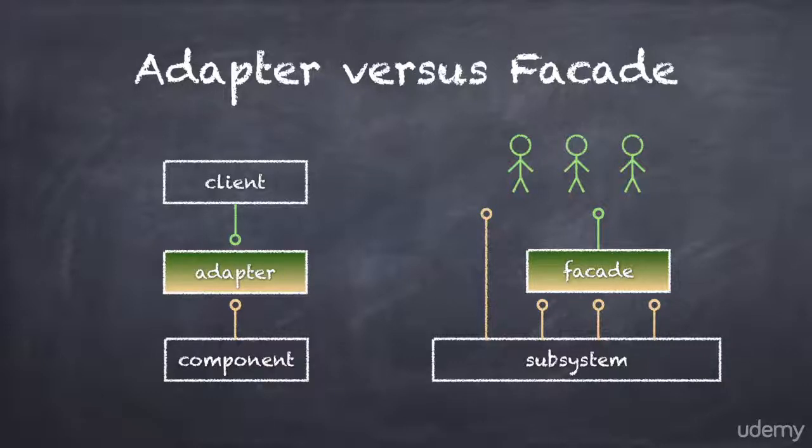An adapter changes a legacy interface to make components compatible with your application architecture, whereas a facade wraps a low-level subsystem interface with a high-level interface to reduce the learning curve of the subsystem. So the difference is in the intent, making something compatible versus reducing a learning curve.